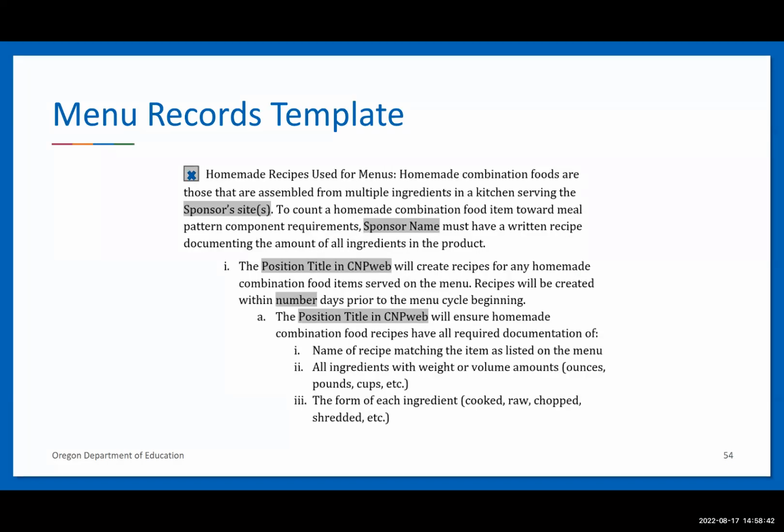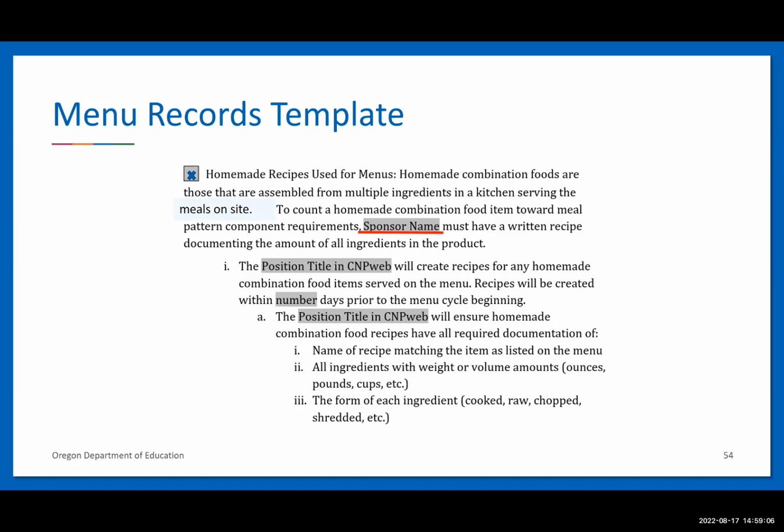If your organization chooses to use recipes that do not already have crediting information, there's a bit more work that needs to be done to ensure the item meets meal pattern requirements. First, complete the sponsor information in the top section. When it comes to the sponsor sites field, if each site has its own kitchen, this field will be meals on site.